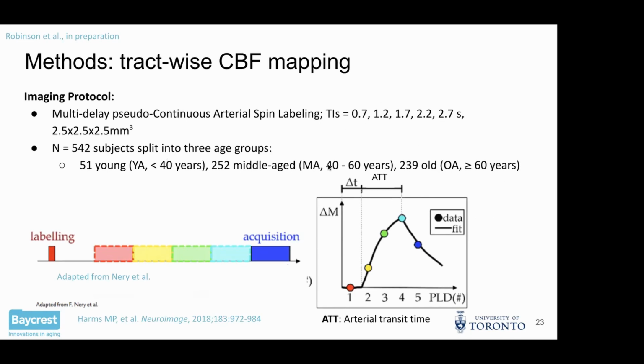With the same subjects, we not only had access to the blood flow, but also to the arterial transit time. Arterial transit time indicates when the actual labeled blood bolus peaks in the tissue region of interest, right? So it's a surrogate to let us know how quickly the blood is flowing, not just how much blood is reaching that region.